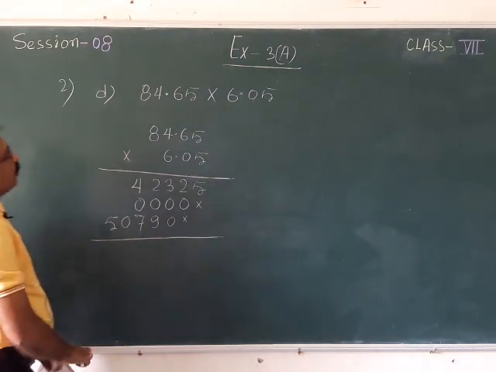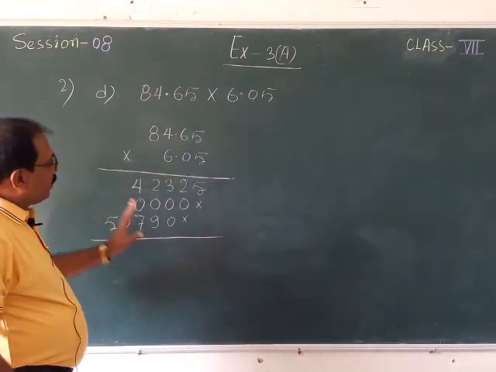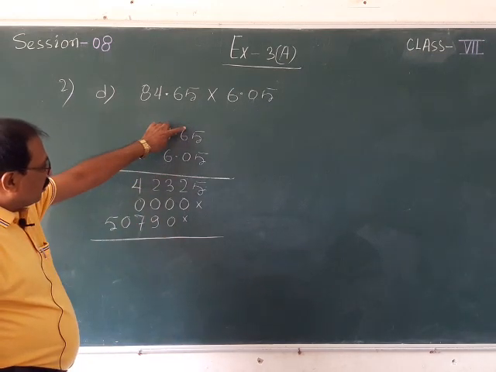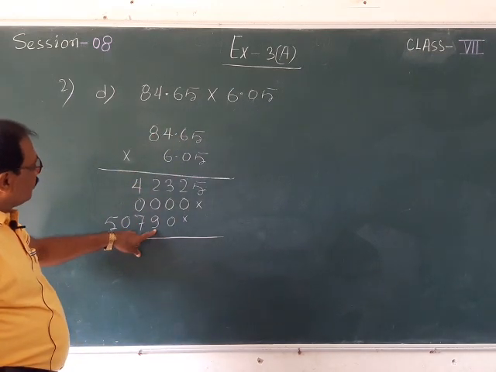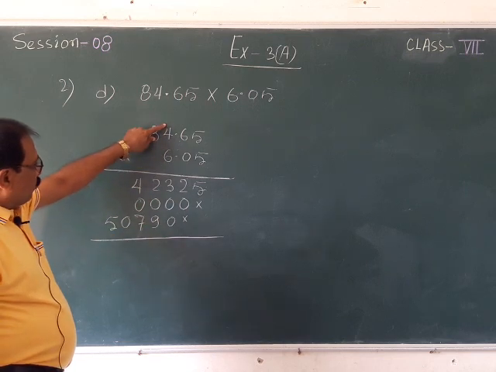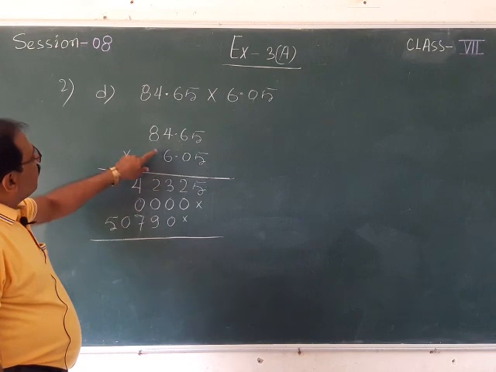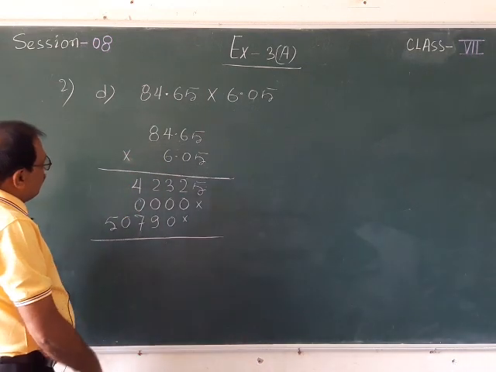After multiplying you can recheck whether you have made any mistake or not. 6 5s are 30, 0 carry 3, 6 6s are 36 and 3 is 39, 9 carry 3, 6 4s are 24 and 3 is 27, 7 carry 2, 6 8s are 48 plus 2, that is 50.